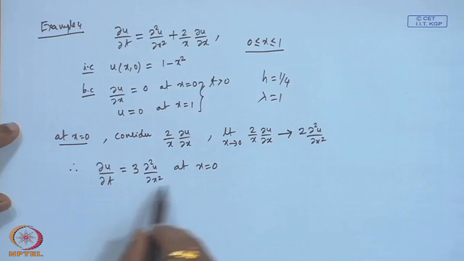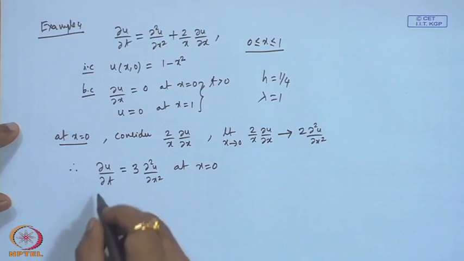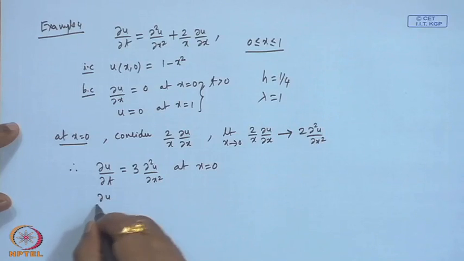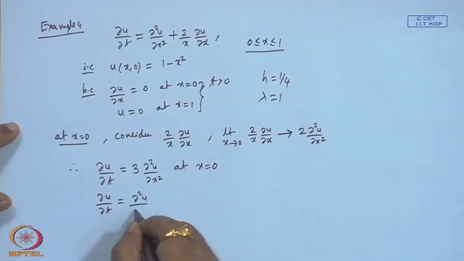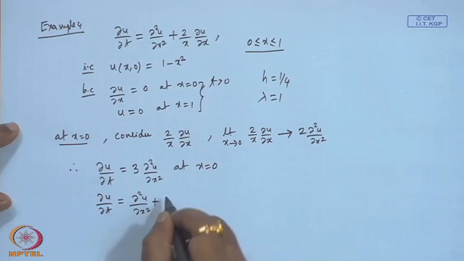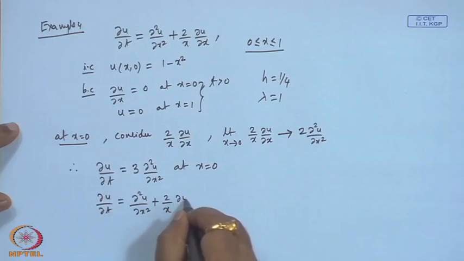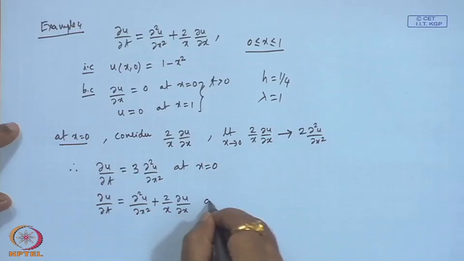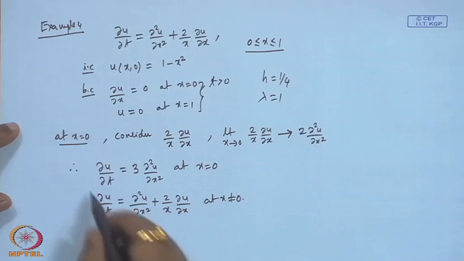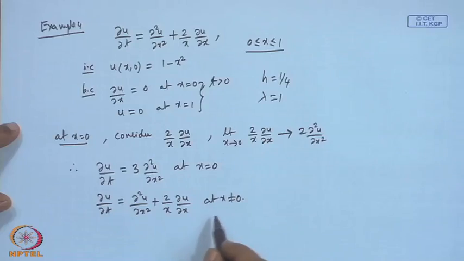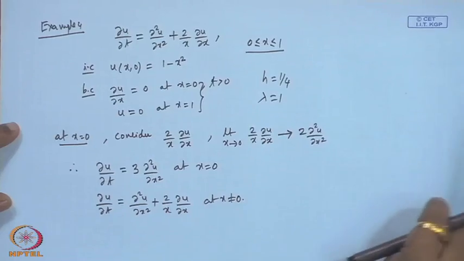So, this is at x equals to 0. So, this is the set we have to use for discretization. Okay. So, let us look at it.